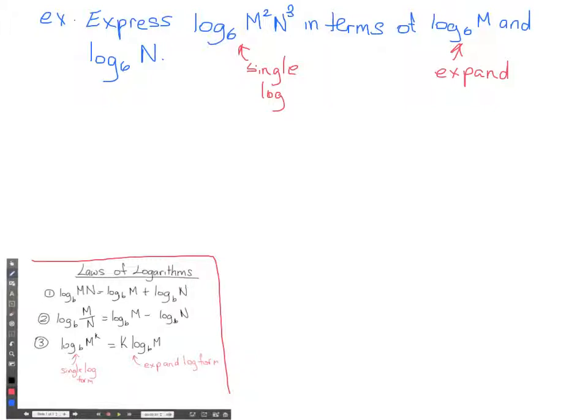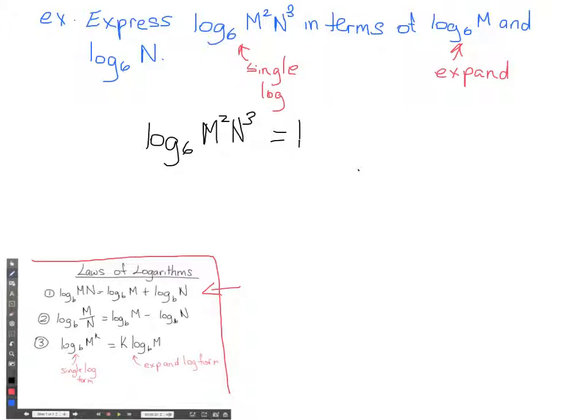We want log to the base 6 of m squared n to the third as an expanded log. We know from our first rule that if we have two factors being multiplied inside a log, then to expand them, it will turn into an addition.